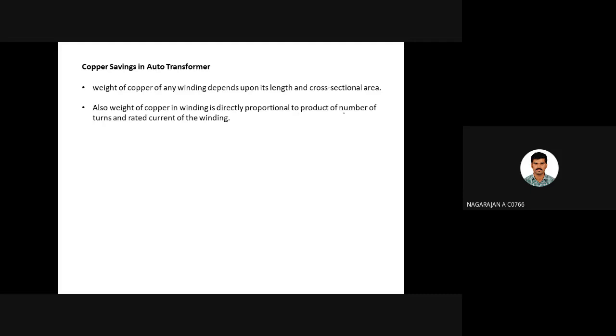Cross-sectional area and rated current are directly related, so when the cross-sectional area is very high, rated current will also be high. Also, the length of the conductor depends on the number of turns. So when you have more turns, the length of the winding will be high. When you have a thicker conductor, that is a higher cross-sectional area, you can carry high rated current.